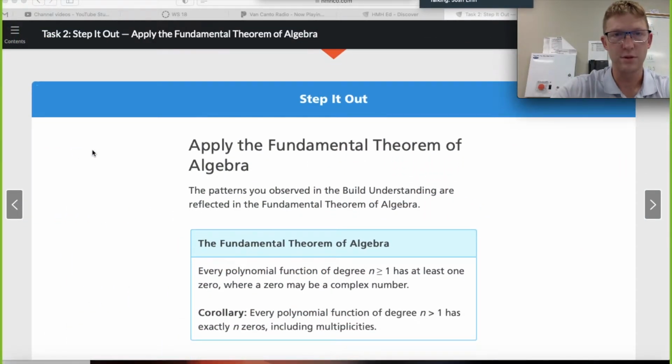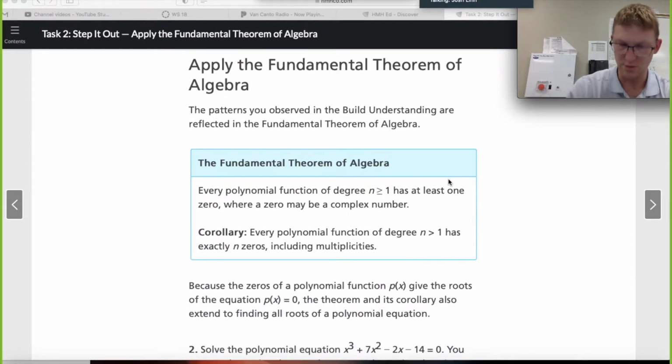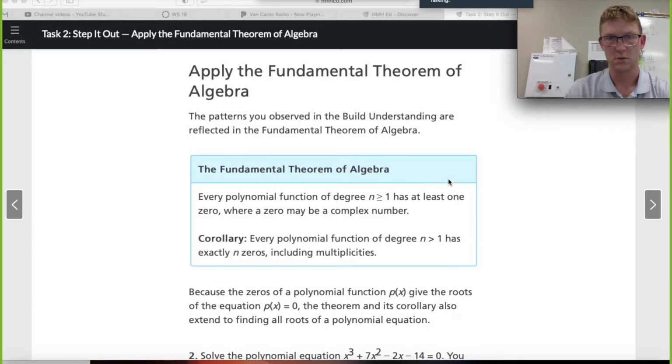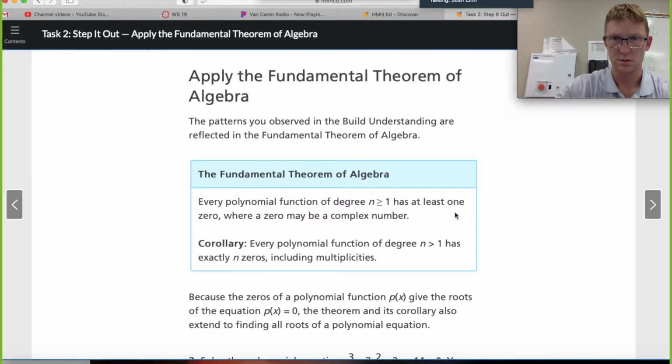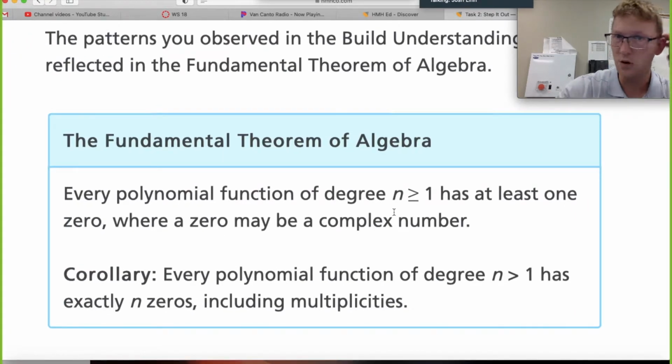Apply the fundamental theorem of algebra. So the patterns we observed in the building understandings are reflected in the fundamental theorem of algebra. So here is the fundamental theorem of algebra. Every polynomial function of degree n greater than 1 has at least one root, at least one zero, where a zero may be a complex number.